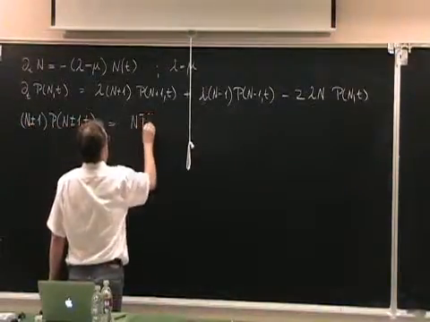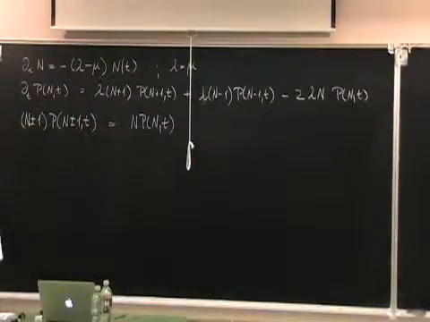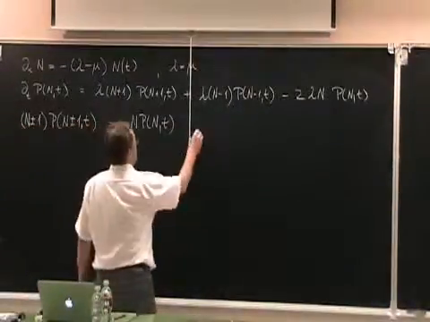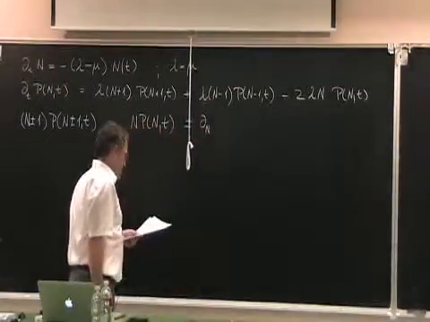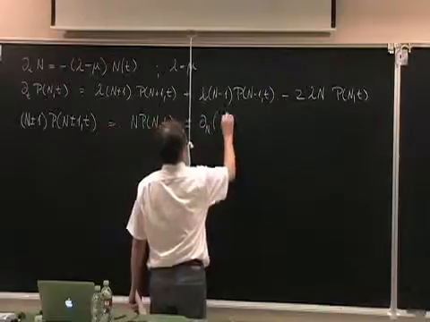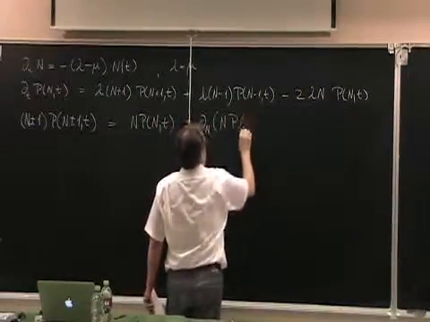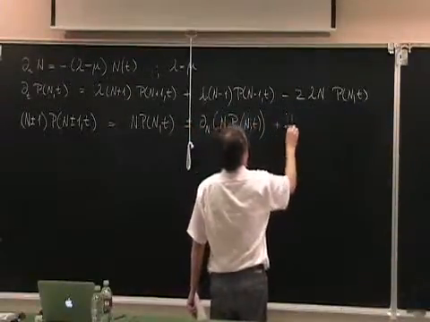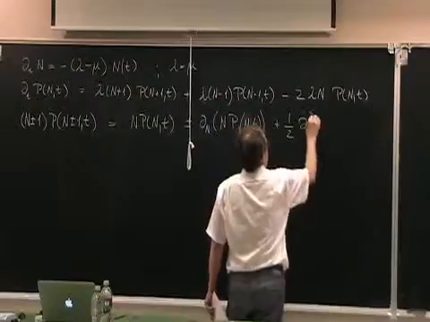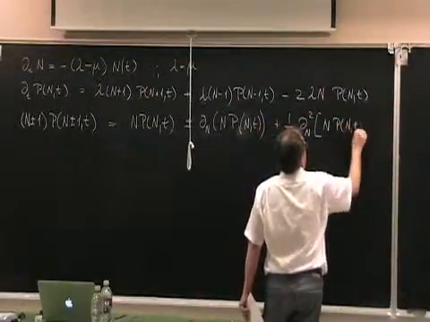So that would be n times p of n and t, and I would add plus or minus the derivative with respect to n of the same expression, n times p of n and t, and plus a half times the second derivative of n times p of n and t.